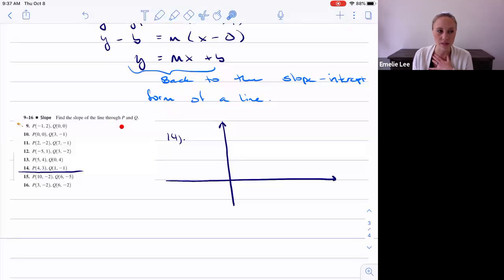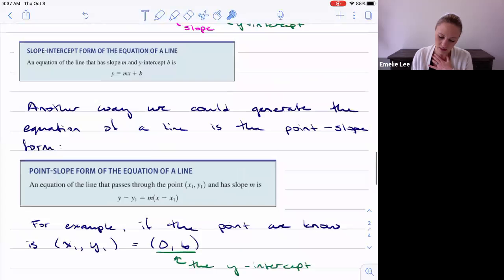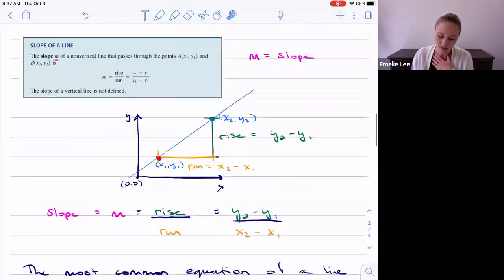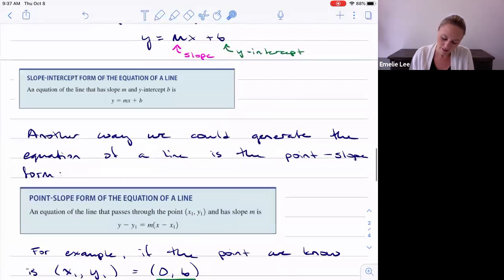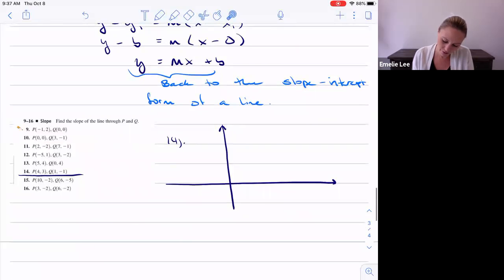Okay? So essentially what we want to do is what we did up here, but now we know what P and Q are, right? And it doesn't matter which one's P and which one's Q. So what we'll have is P is going to be at 4, 3. So when X is 4 and Y is 3. So I'm going to check out where I need to draw my axes first, right? And so it looks like, okay, I need an X up to 4 because the other X is 1.